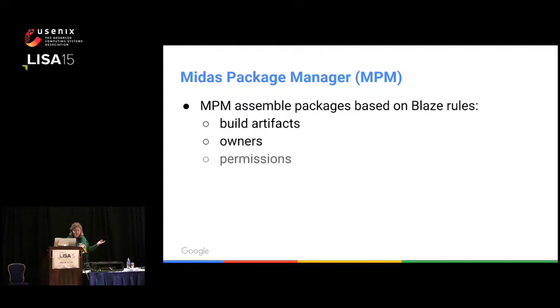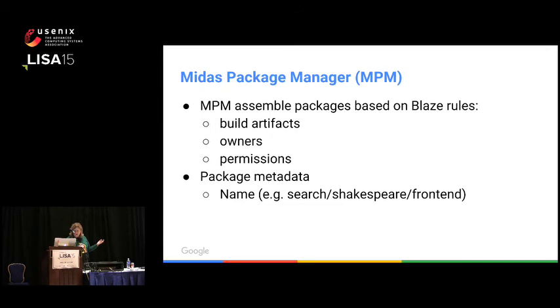You can specify owners, permissions, and there's package metadata that's important when you look at the release process. There's the name of the package, and this is the actual name of a package, search Shakespeare front end. And the naming is hierarchical.